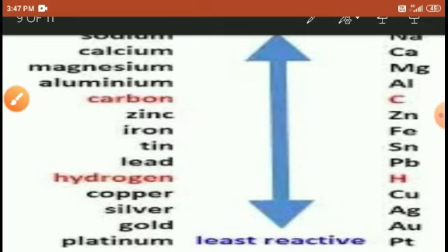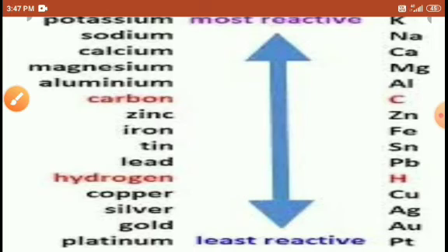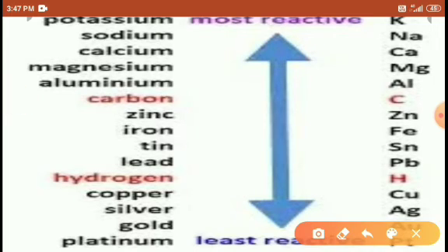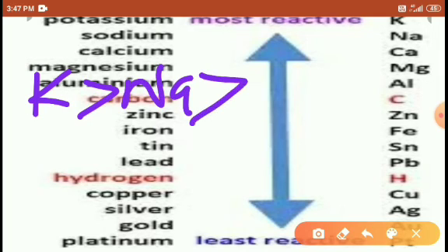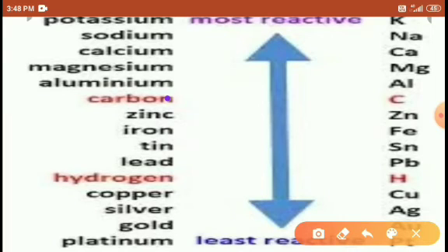The element at the bottom is less reactive and the element at the top is most reactive. So potassium is more reactive than sodium, sodium than calcium, calcium than magnesium, magnesium than aluminum, aluminum than carbon, right?